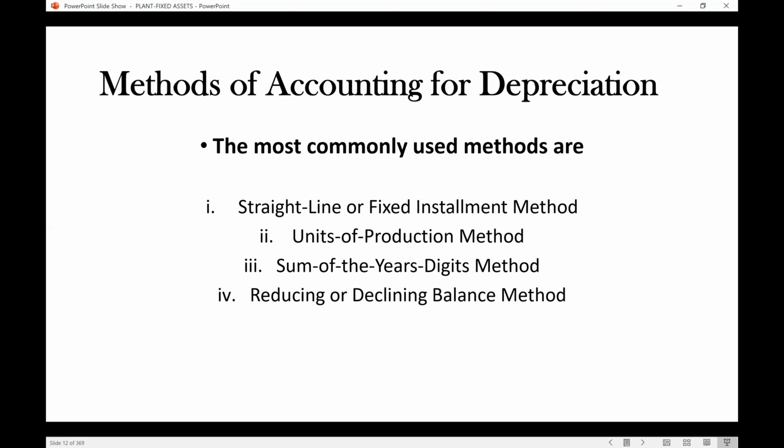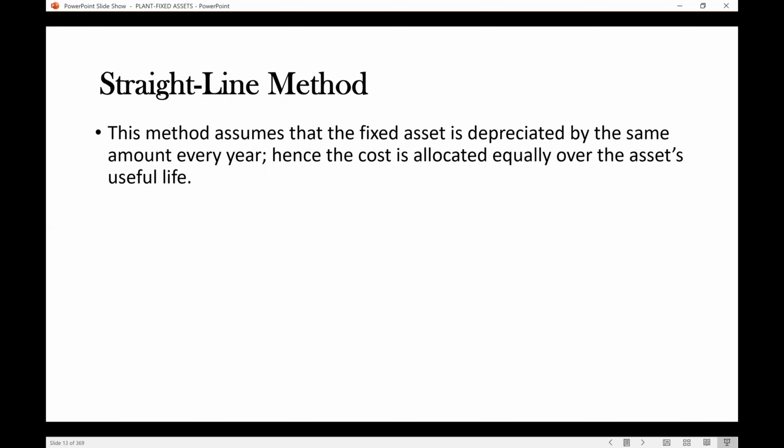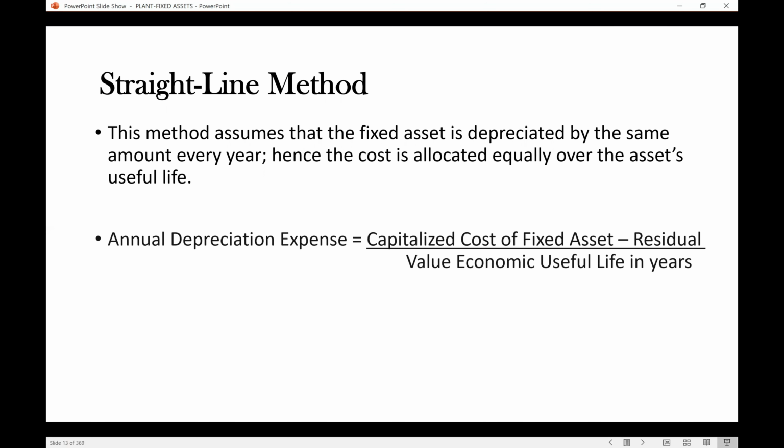So we're going to go into further detail with them, starting with the straight line method. This method assumes that the fixed asset is depreciated by the same amount every year. Hence, the cost is allocated equally over the life of the asset, right? So here we have the formula.